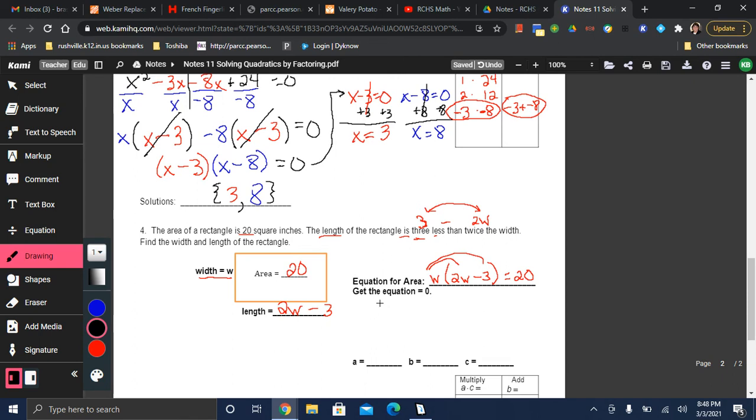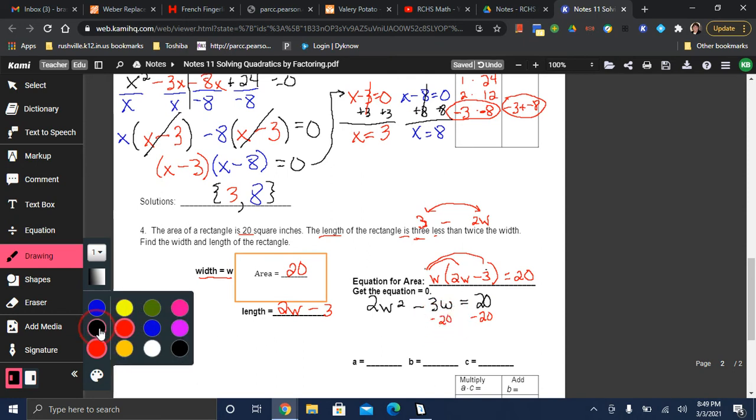And so w times 2w is 2w squared. And then w times negative 3 would be negative 3w. And then I'll have equals 20. I can subtract 20 from both sides of the equal sign.